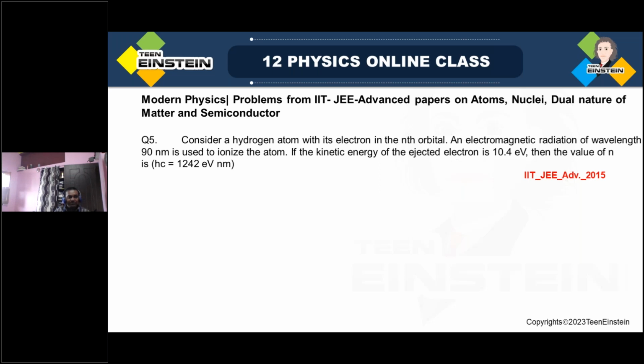If the kinetic energy of the ejected electron is 10.4 electron volt, then you have to find out what is the value of n.